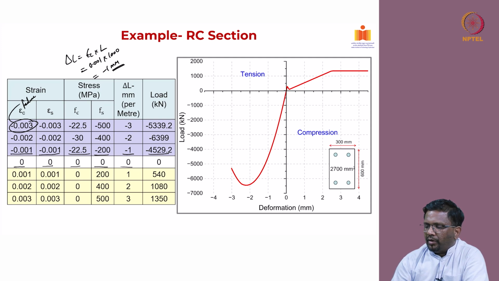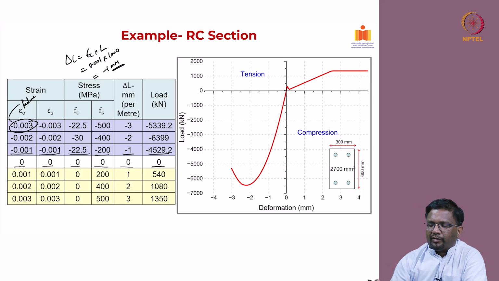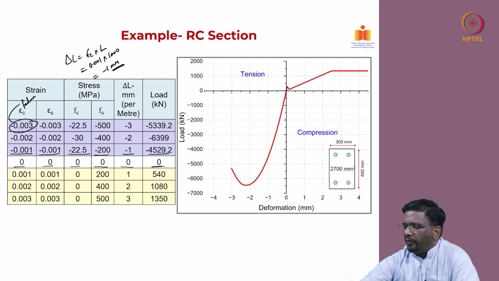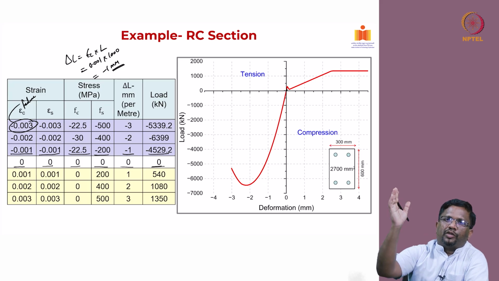Delta is also going to be 0, because delta is epsilon c multiplied by length, and the load is again going to be 0, because load is nothing but stress in the concrete multiplied by area of concrete plus stress in the steel multiplied by area of the steel. So, when I add all of them, everything will be 0. So, you can see that for a reinforced concrete member, when there is no deformation, there is no load also, right. The curve passes through the origin.